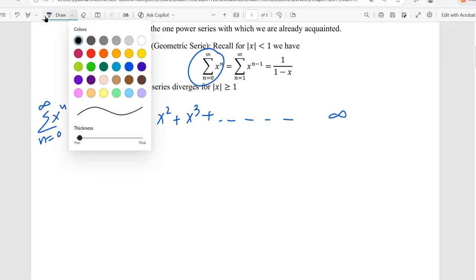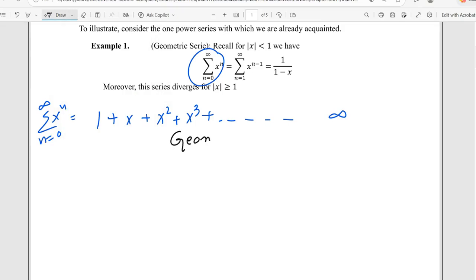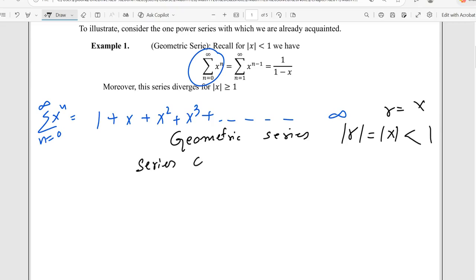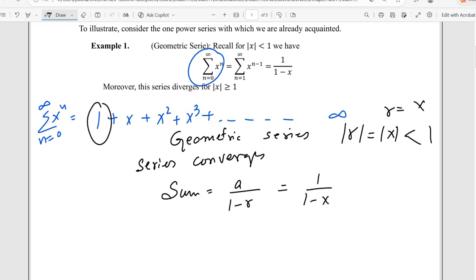This one here is a geometric series with common ratio r equal to x. And if the absolute value of x is less than 1, then this series converges. And it converges to what? The sum would be equal to a divided by 1 minus r. What is a here? 1. So the sum is 1 divided by 1 minus x.